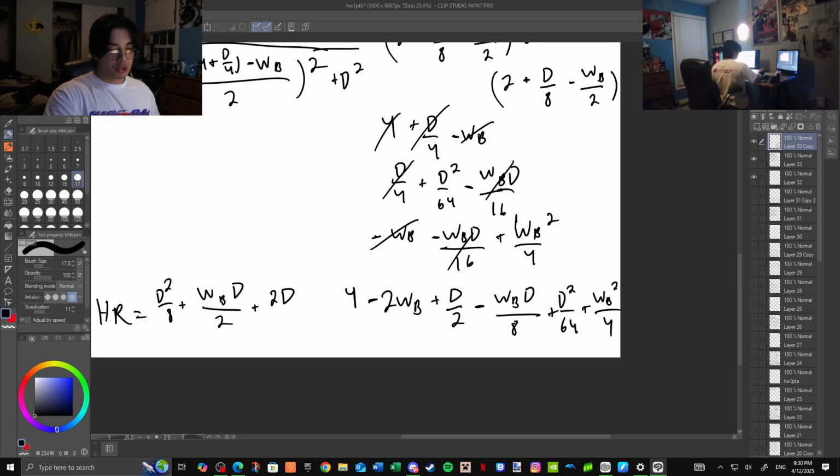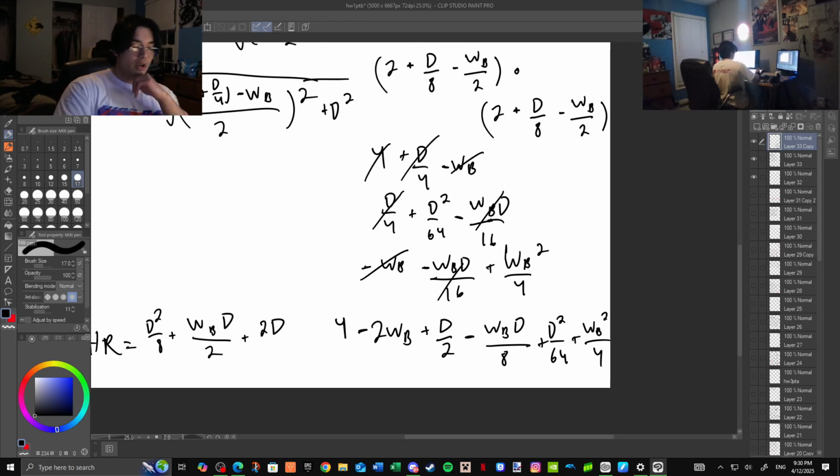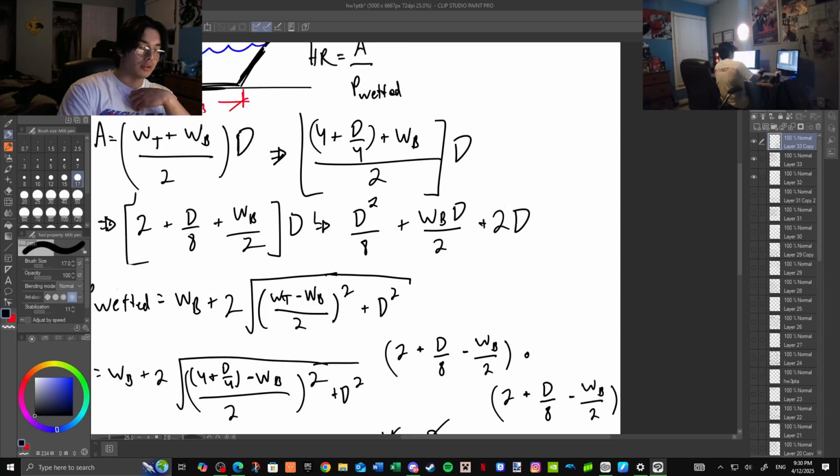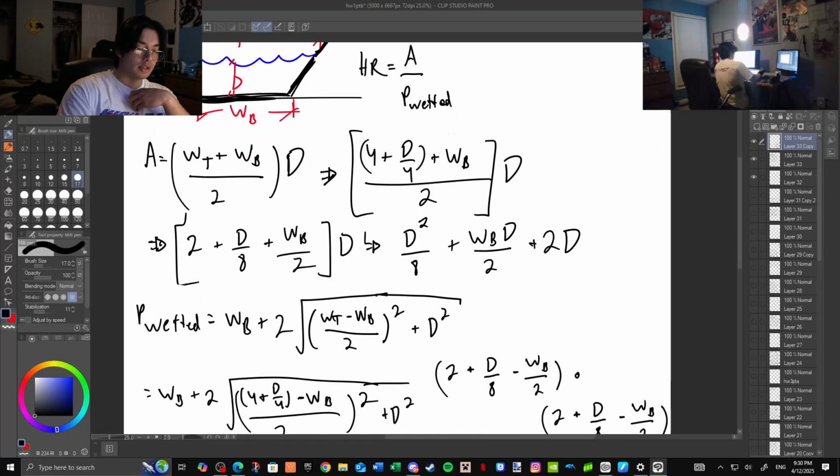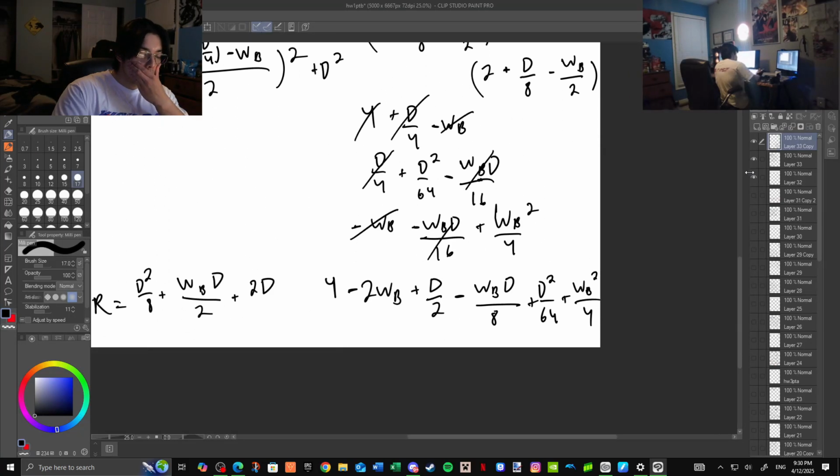I'm going to try to combine these values because we're trying to write this as a function of depth. Looking at these two terms right here, we can probably combine those, and then these two terms we can combine. These two we cannot. Actually, we could combine this with this, but I'm just going to start small.